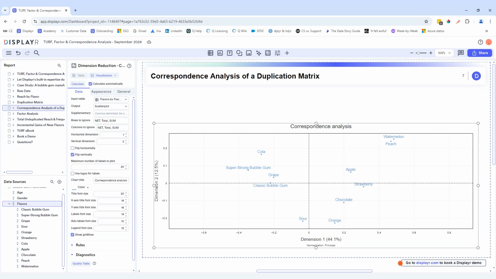Okay. The closer 2 flavors are, the greater the duplication between them. We see the 2 current flavors, classic bubblegum and cola, have a lot of duplication between them. So there's probably no point in adding super strong bubblegum or grape, as they also appeal to the same group of people. I'm going to add a call out to that effect.